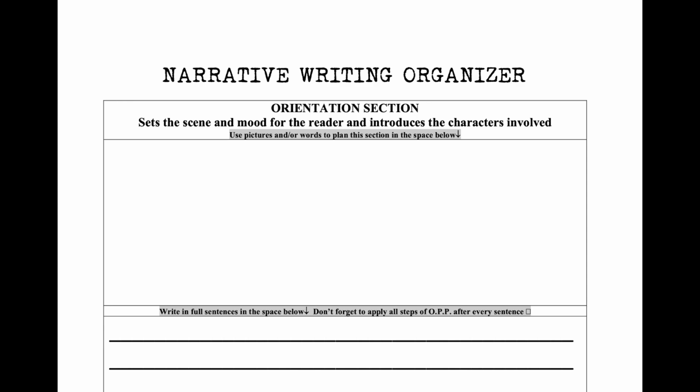Let's take a look at our graphic organizer. There's a page for every section, and atop each page is an area where students can use pictures and/or words to plan their writing. Beneath this portion of the organizer are lines for them to write down their ideas.